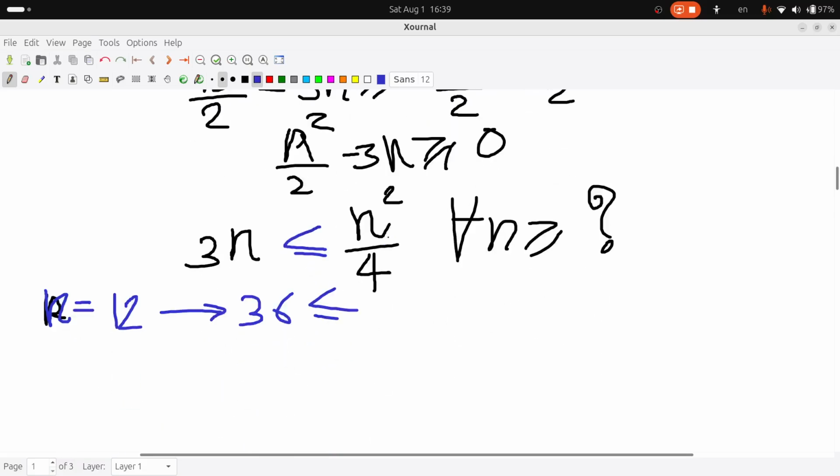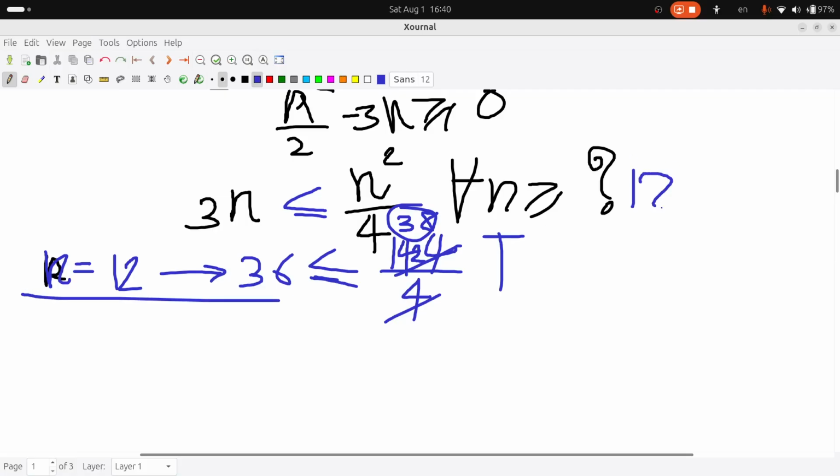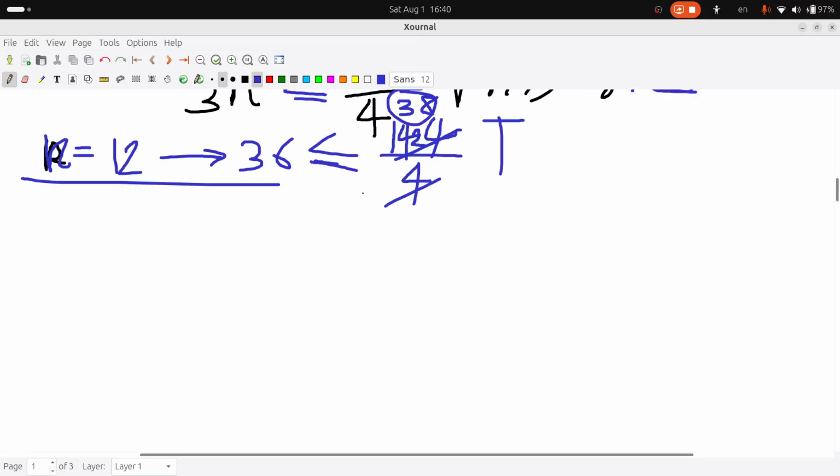So 12 squared is 144 divided by 4, which is about 36. That is true. And we found the starting point: n is greater than or equal to 12.